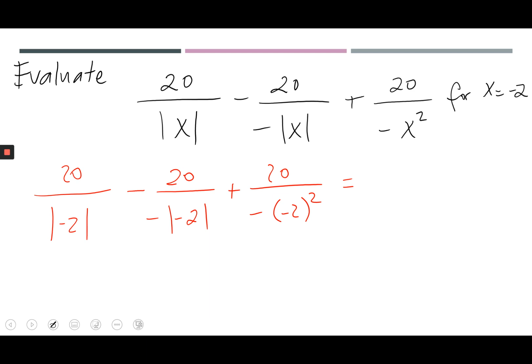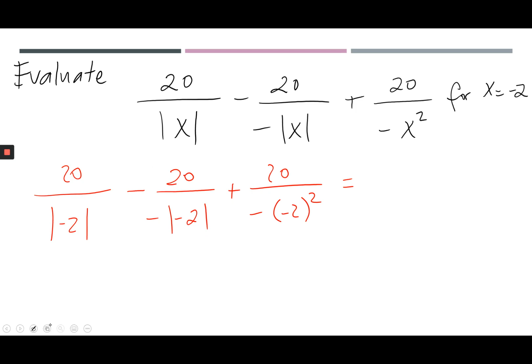We know that absolute value of negative 2 is positive 2. And we know that absolute value of negative 2 is positive 2, but you have negative here. That's why it's going to be negative 2, right? And then negative 2 squared is positive 4, but you have negative from here. That's why it's going to be negative 4 here.